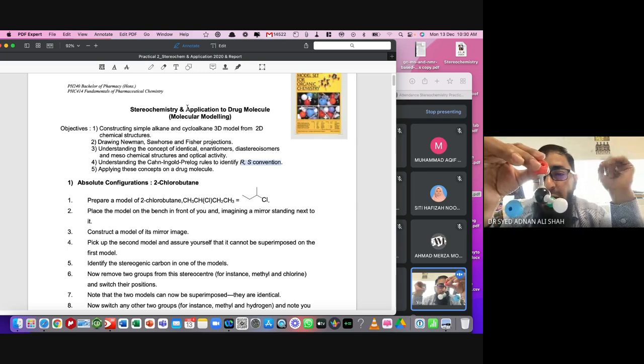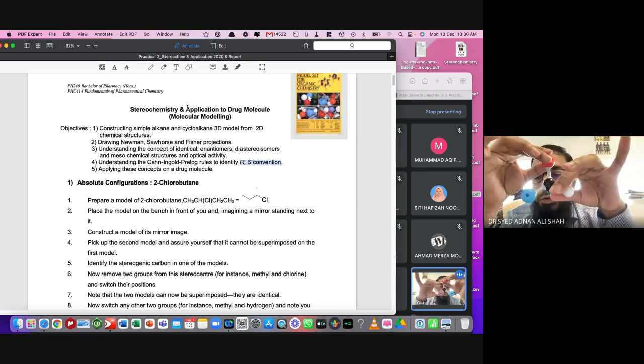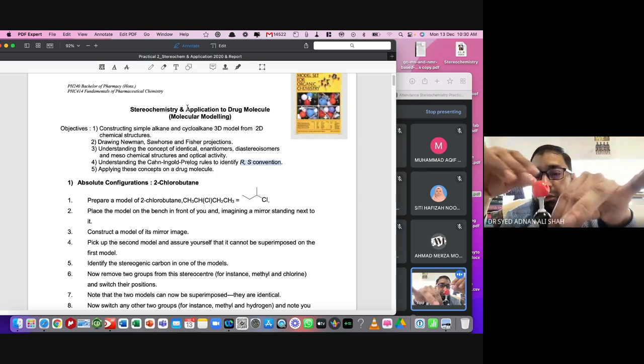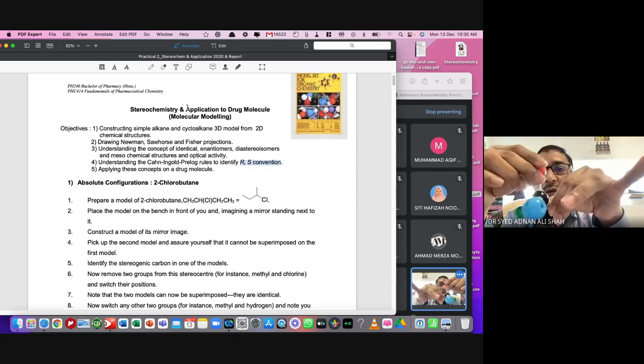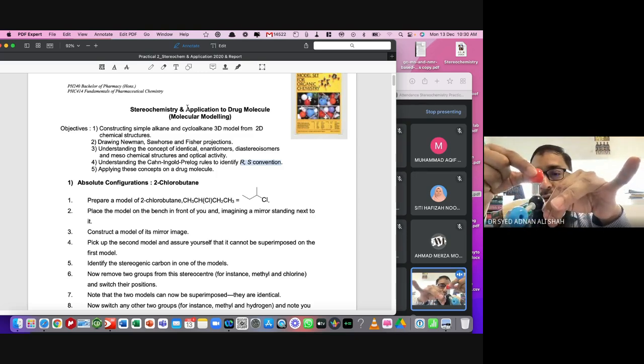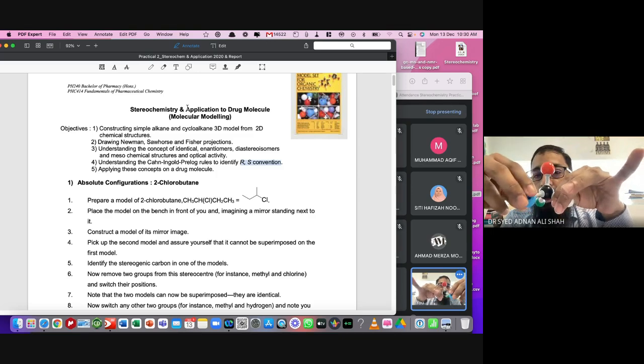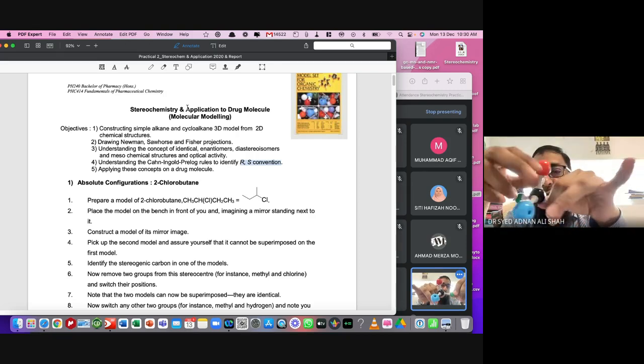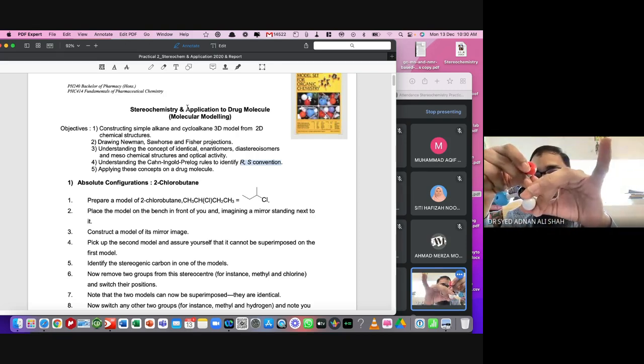It usually tells us the priority level, so we have to give priority to the groups. Previously, I can say that this one is the bromine, this one is the chlorine, and this one is the fluorine, right?